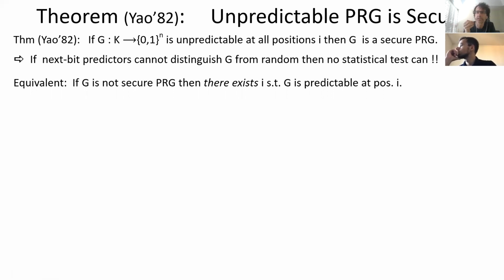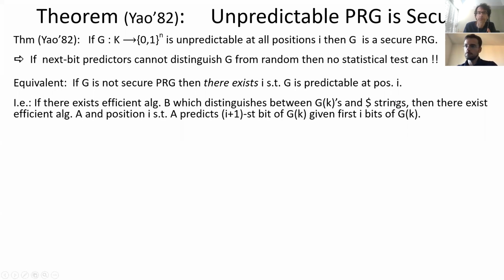And now let's build an explicit predictor that, given the first i bits, predicts the i plus first. But where is i? Well, we must show that there is some i such that if you see the i bits, then you can predict the i plus first. And you can see that there is a problem in this.